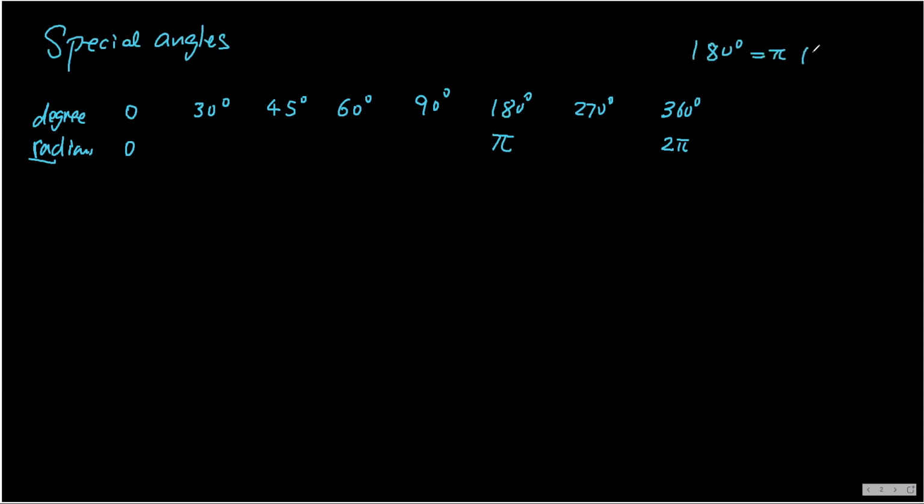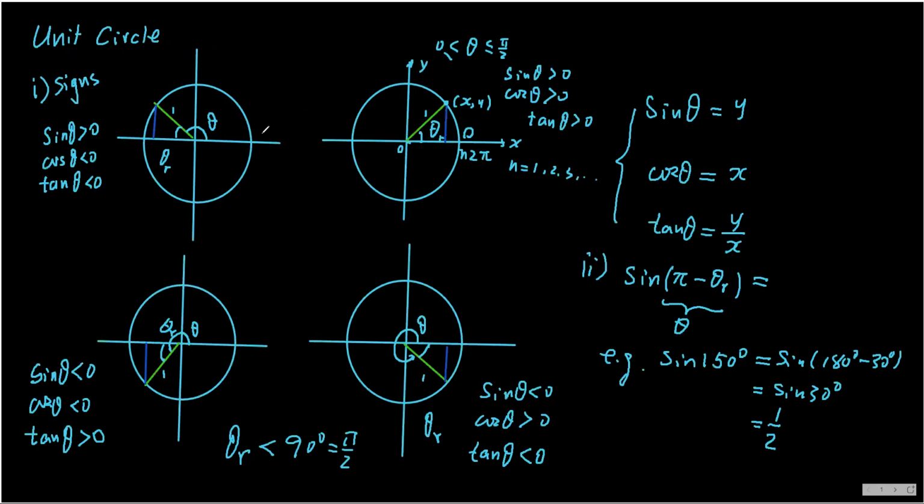You only need to remember this, and you can convert from it. 180 is one pi. 90 degrees is a half, so half pi. So this is 0 degrees, this is half pi, this is pi, and this is 3 half pi. Can you follow me?